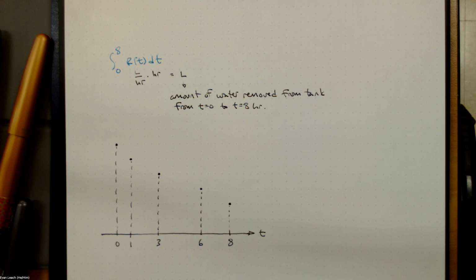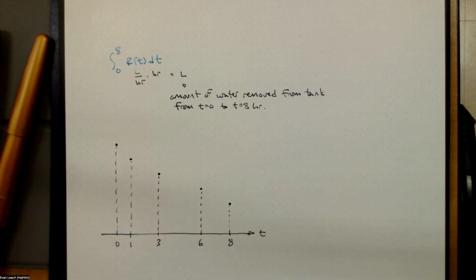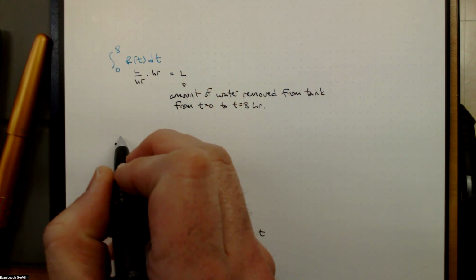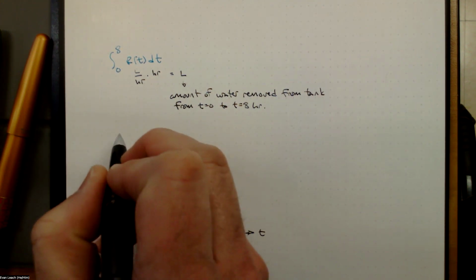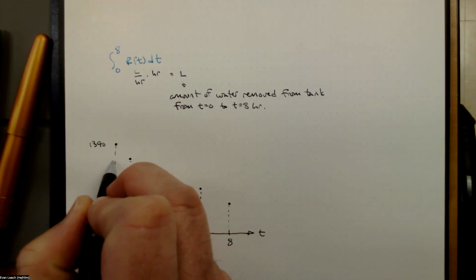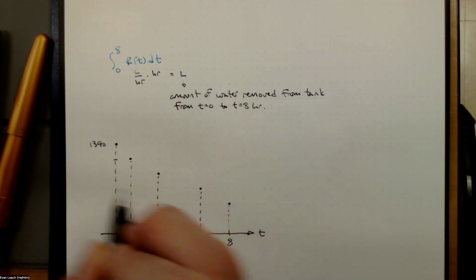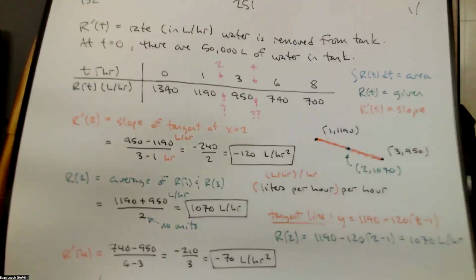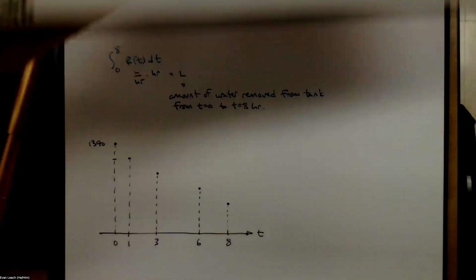So one thing that we could do, we could think from 0 to 1, actually, that's the second part of the problem. If we want to integrate from 0 to 8, I could say the area from 0 to 1, I could just use the highest value and just use this 1390 for everything. Can't remember all the numbers. 1340.